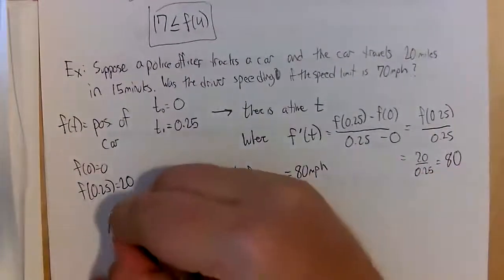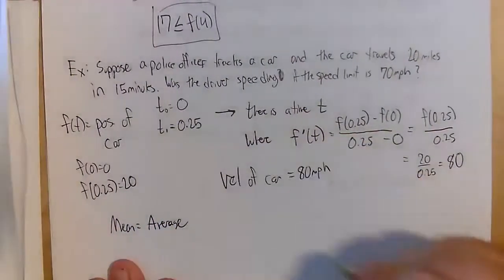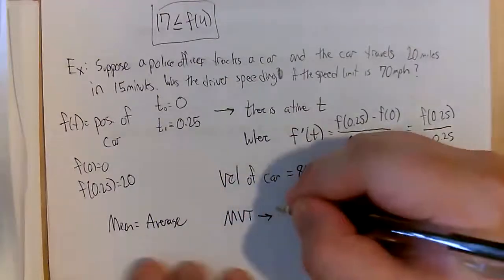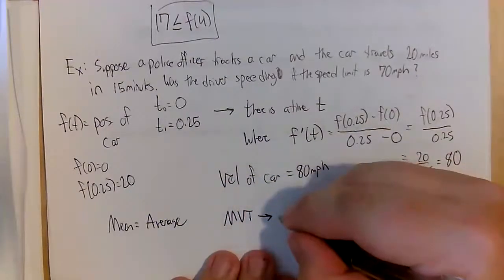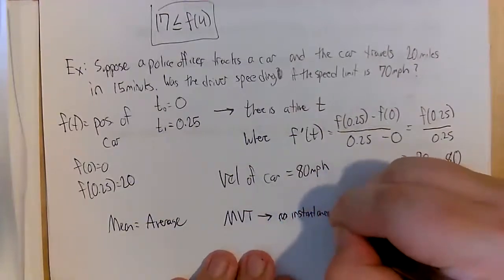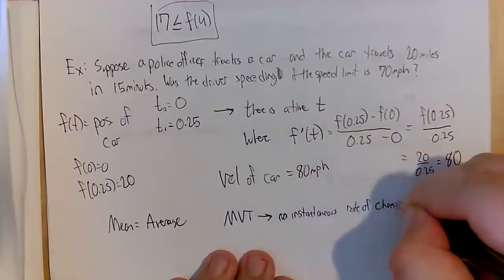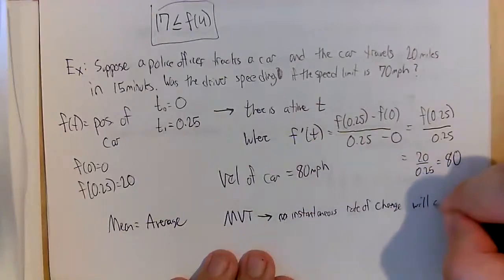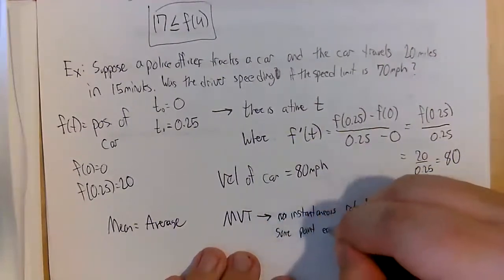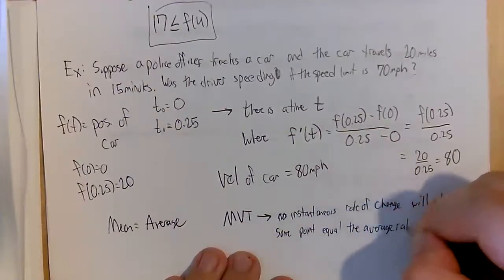And you can actually see why the mean value theorem has its name. Mean means average. And essentially what the mean value theorem says is that the instantaneous rate of change will at some point equal the average rate of change.